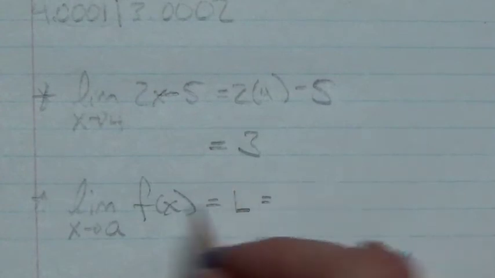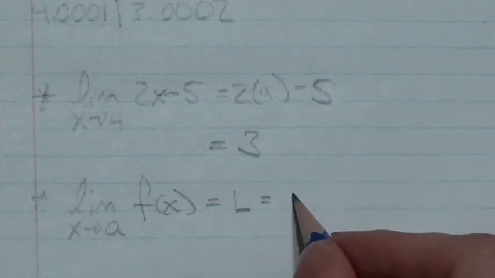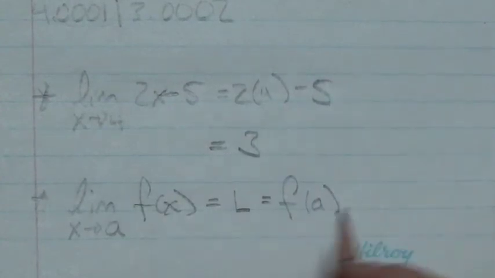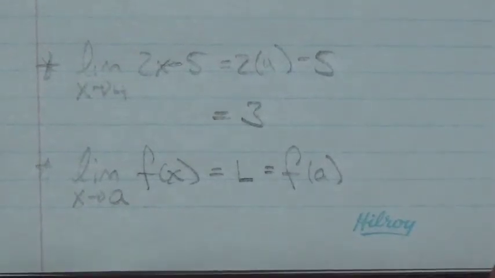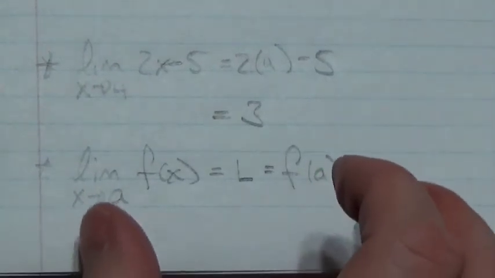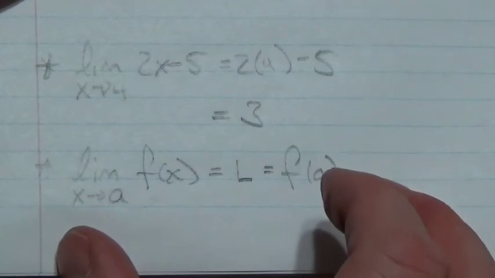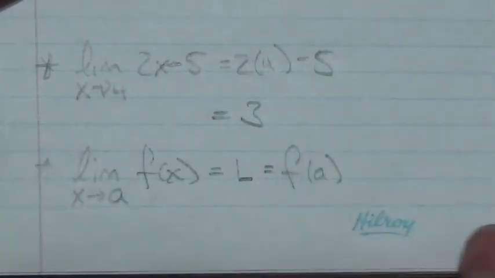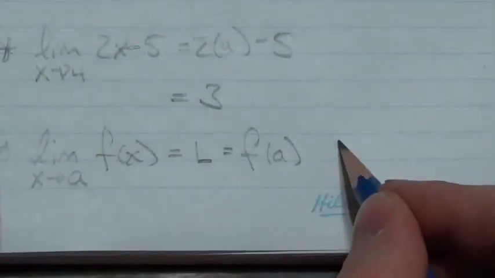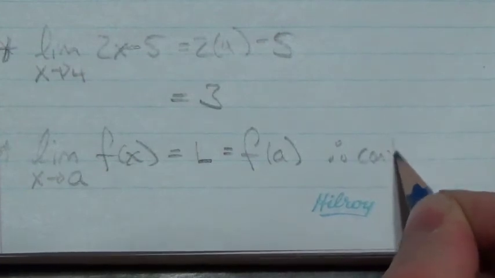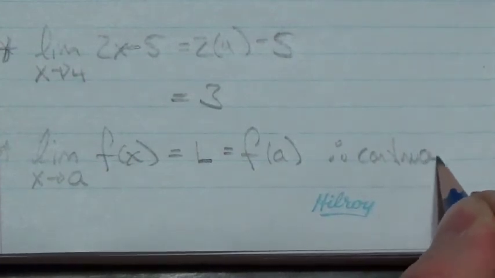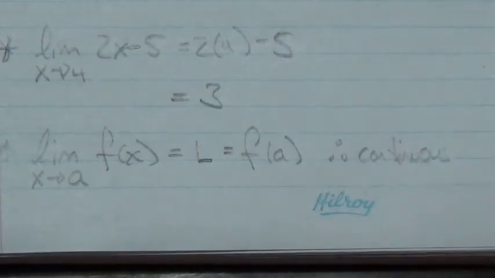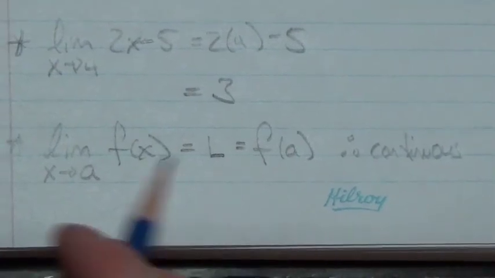But what was significant in this case was that the limit was equal to f evaluated at a. And we're going to talk about this in another lesson. What this means is that our function is continuous. And we're going to explore what that idea means in another lesson.